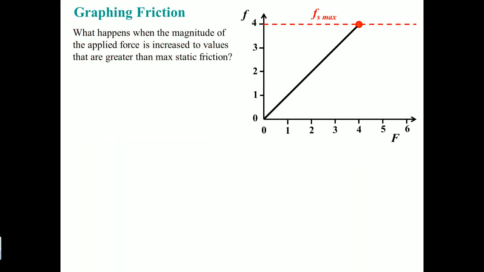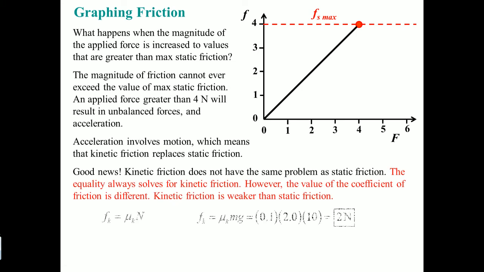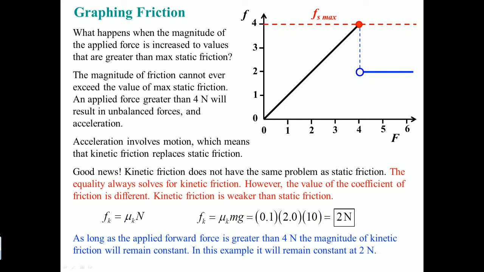Then it jumps to a piecewise function, because once it overcomes static friction, it drops into here, the kinetic part, because it drops to a new value. The reason why is because we have to plug in a new value here for mu k. So you will see that the kinetic friction here is going to be smaller because the mu is smaller. All right. So now the forward force can be less to move the object.